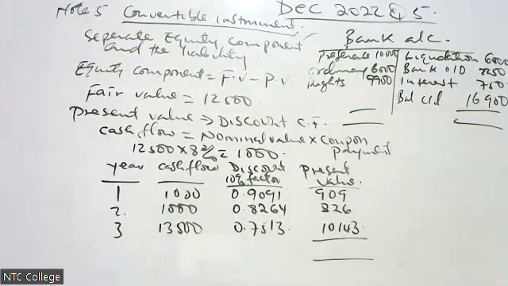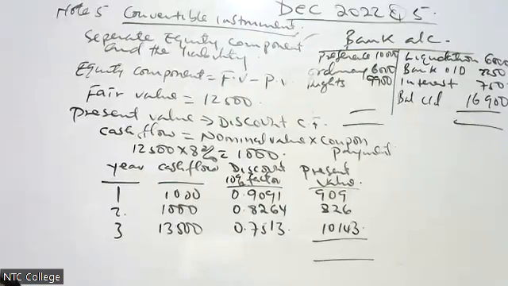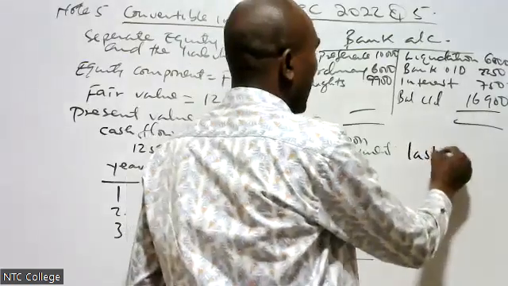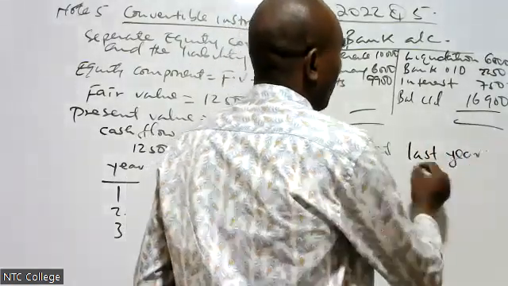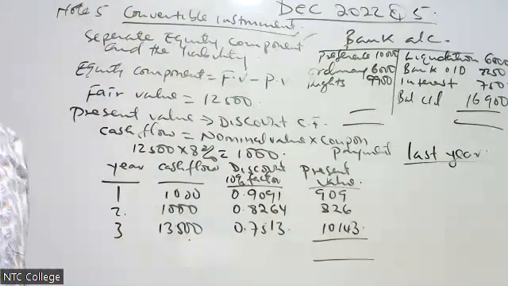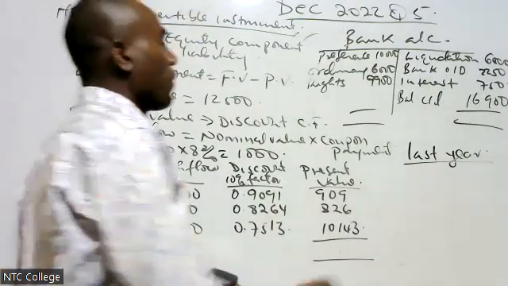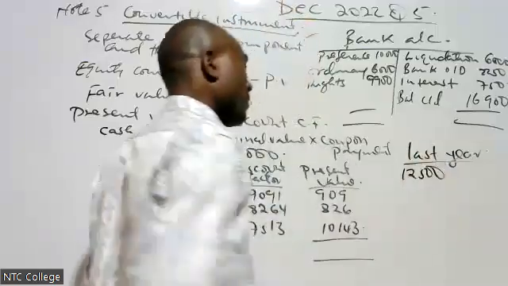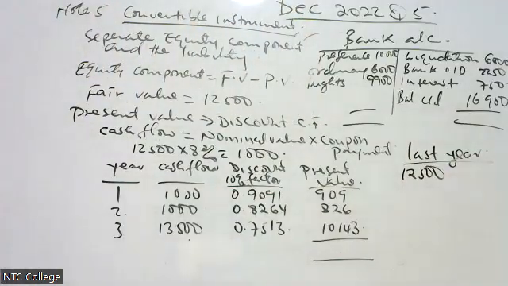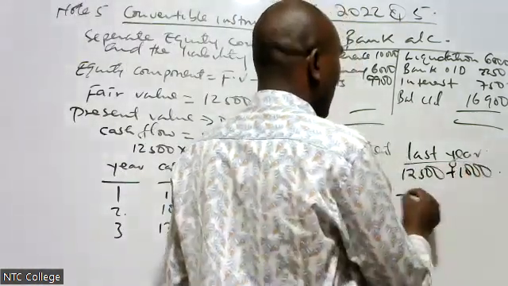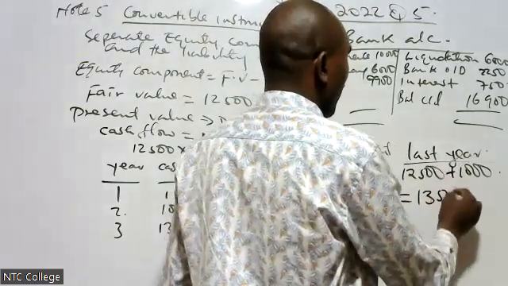Florence will say, Mwalimu, how is it 13,500? Now remember, in the last year, that is the year of redemption. Therefore, I'm required to pay 12,500 plus the normal 1,000, which will give me 13,500.